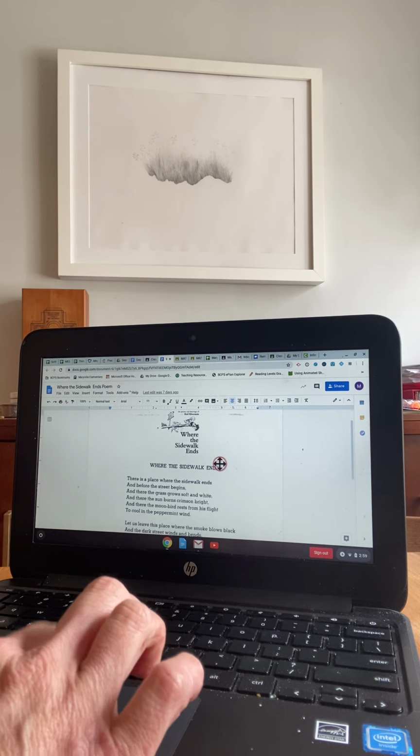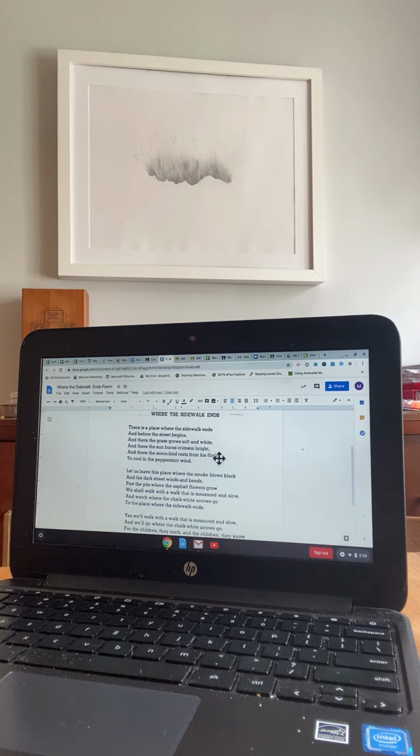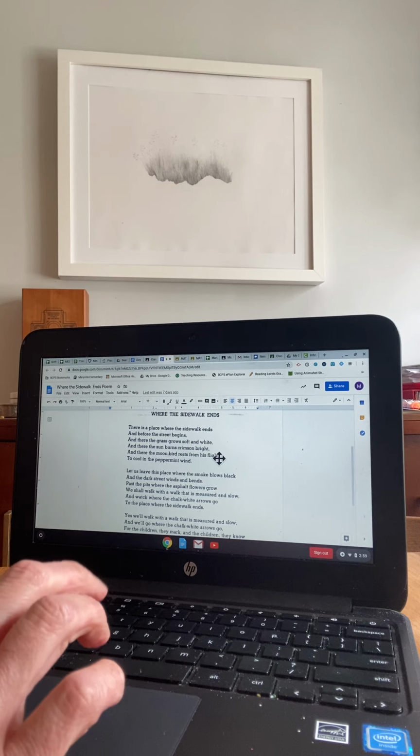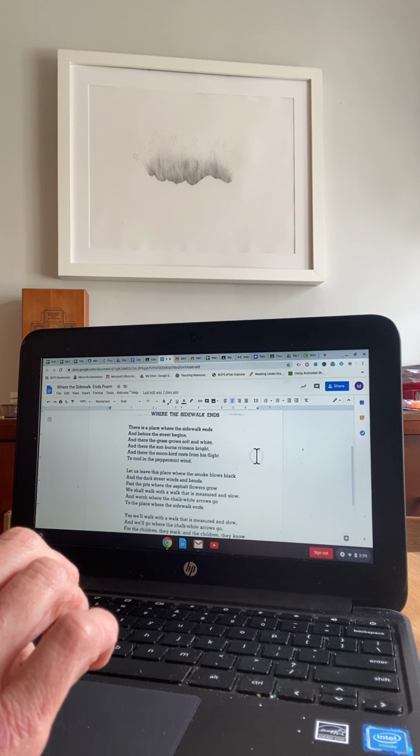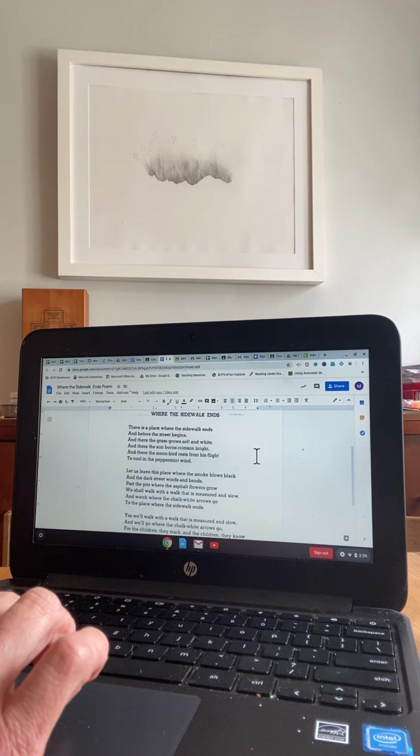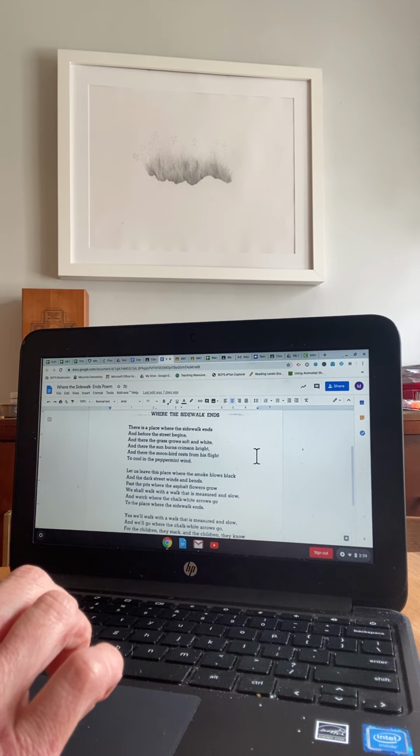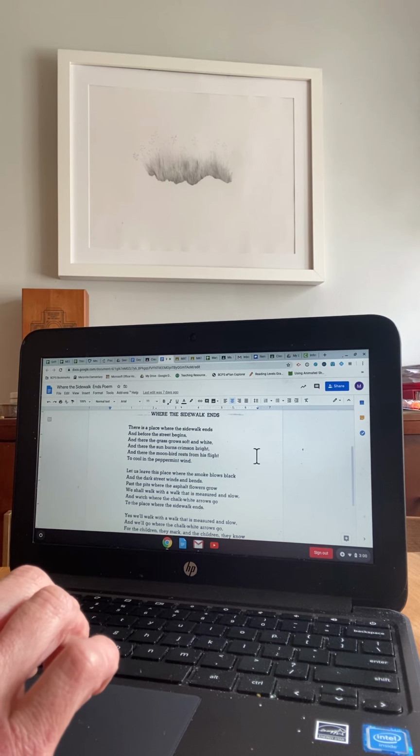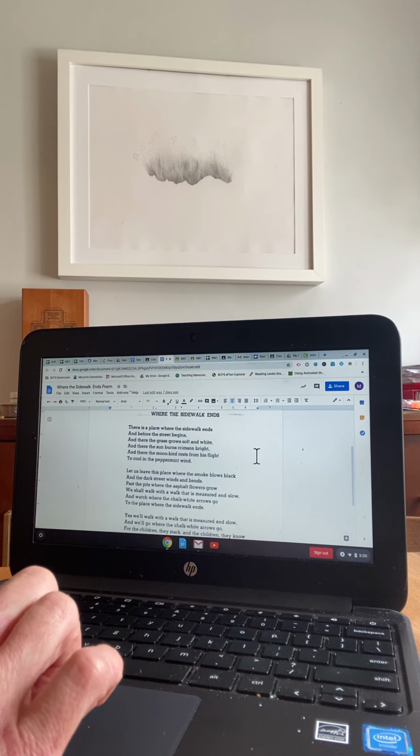Okay, so the poem goes, Where the Sidewalk Ends. There is a place where the sidewalk ends and before the street begins. And there the grass grows soft and white, and there the sun burns crimson bright. And there the moonbird rests from his flight to cool in the peppermint wind. Let us leave this place where the smoke blows black and the dark street winds and bends.